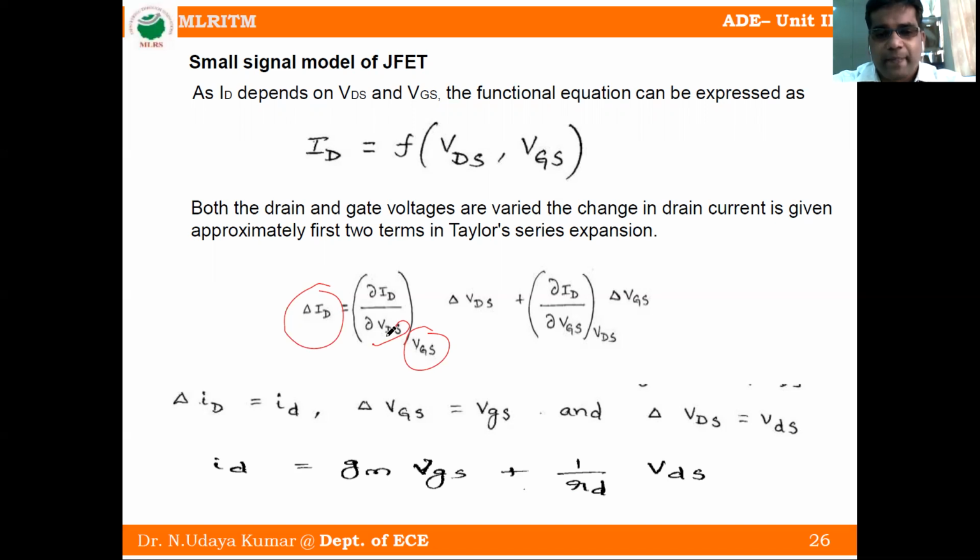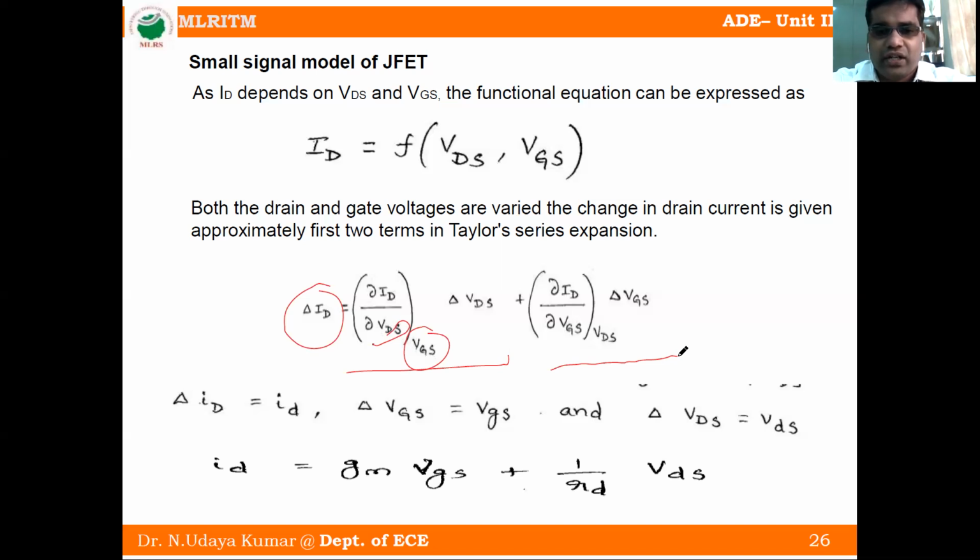So dou ID by dou VDS at constant VGS into change in VDS. Similarly, dou ID by dou VGS at constant VDS into change in VGS. This is the first lower order term of the Taylor series expansion. In the second term, we are changing gate to source voltage and fixing VDS as constant.